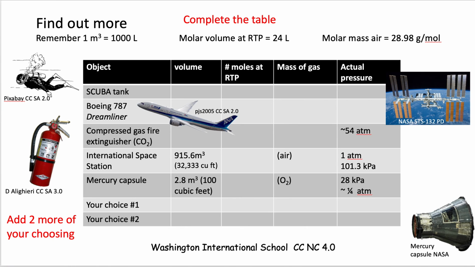A compressed gas fire extinguisher. They do nitrogen, but we can look at carbon dioxide ones. The International Space Station, and I've given the living space volume here, and the Mercury space capsule that took the first American into space.